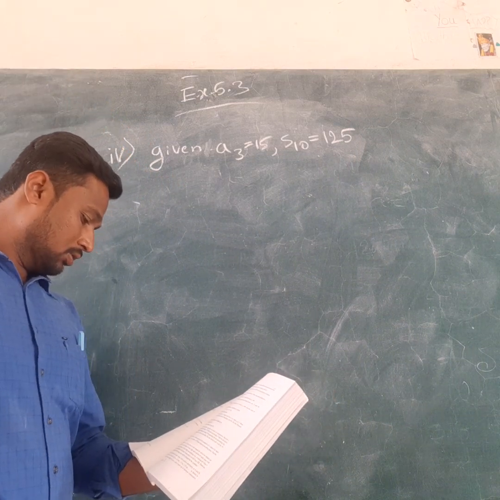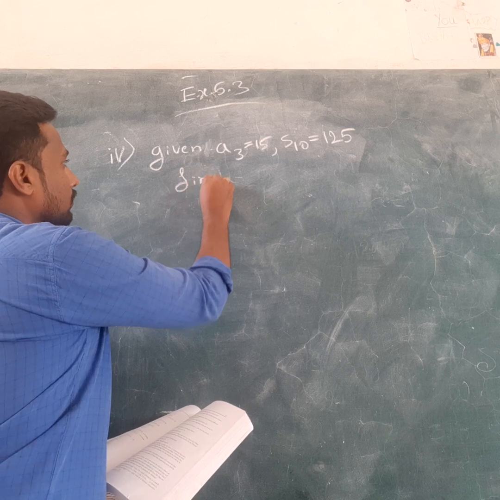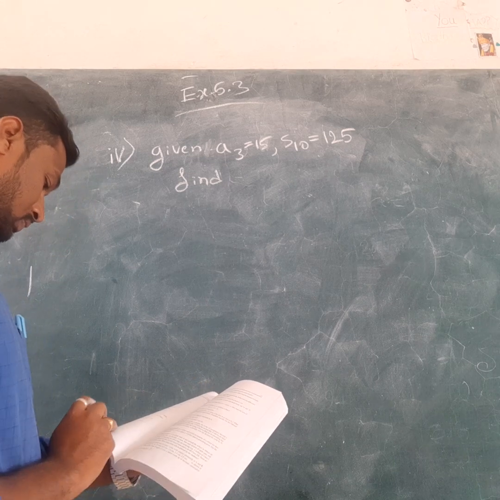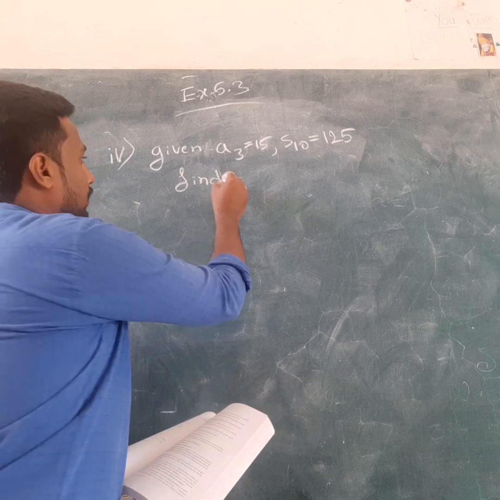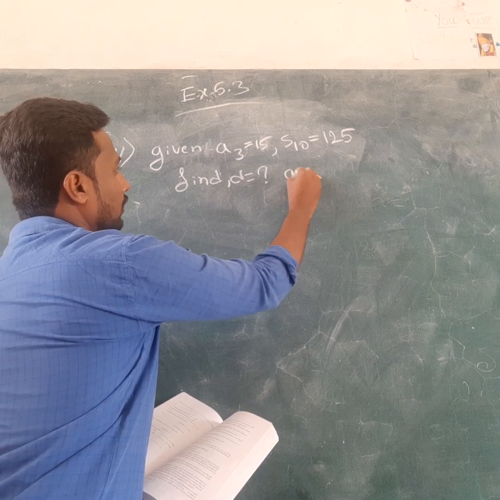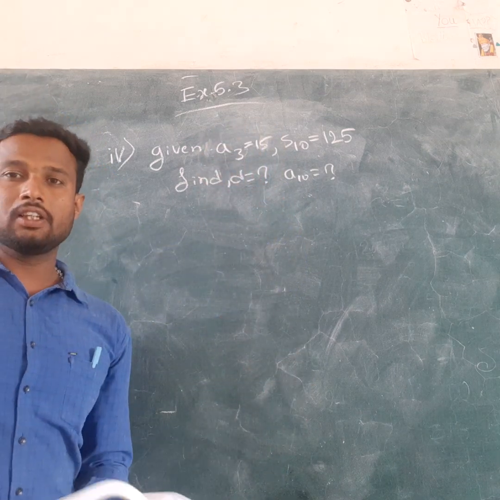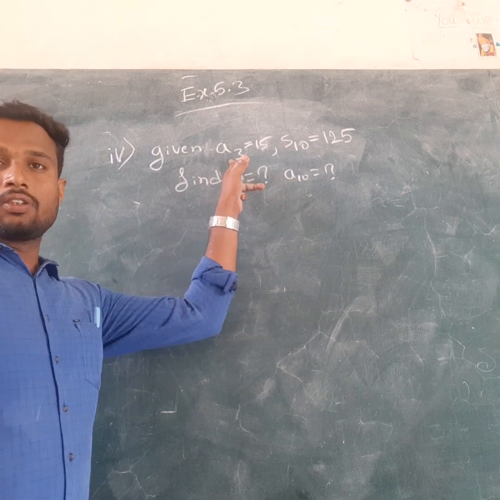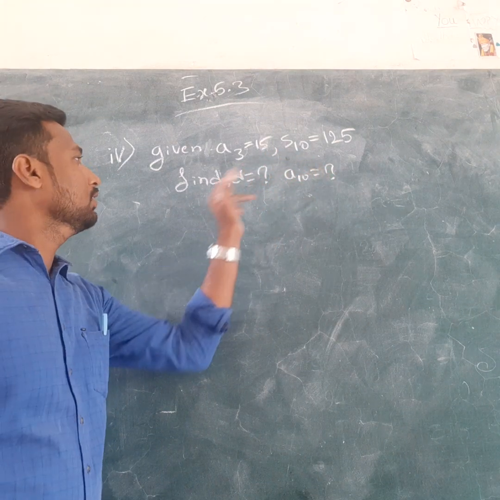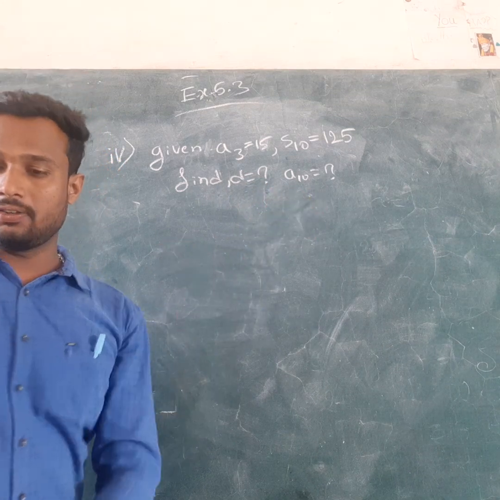S10 is equal to 125. What they have asked? Find d and A10. They have given A3 value. A3 is equal to 15. S10 is 125. We have to find out d value and A10 value.